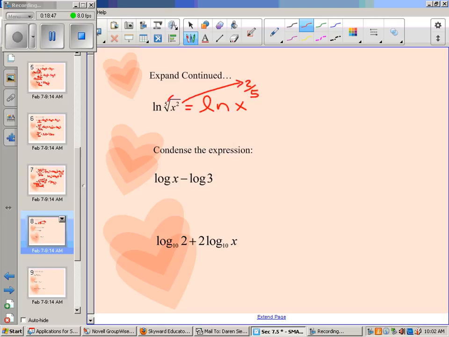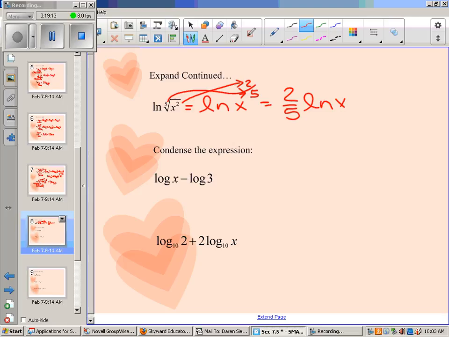Number with the x on top, the root goes on the bottom. Okay, now I can expand it. Perfect. 2/5 ln of x. Good?